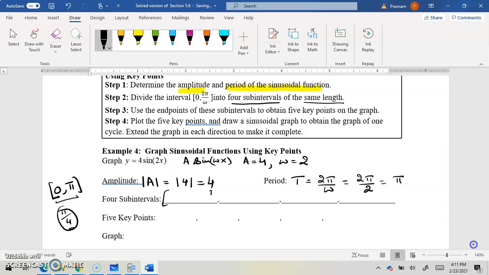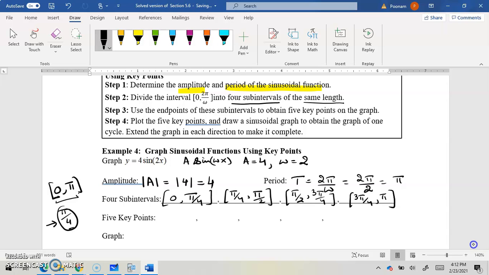So we have 0 to pi by 4, pi by 4 to pi by 2, pi by 2 to 3 pi by 4, and 3 pi by 4 to pi.